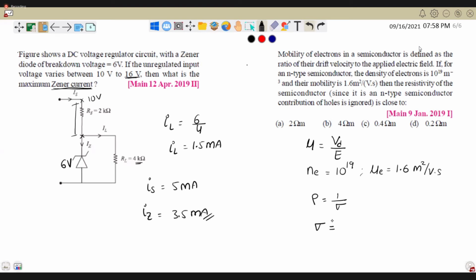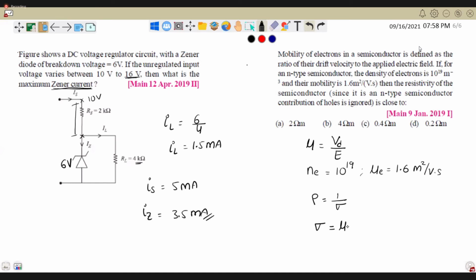Calculate that and substitute. If you have both electrons and holes, then it will be e taken common, Ne mu e plus Nh mu h. See your semiconductor formula, you have that. Clear?